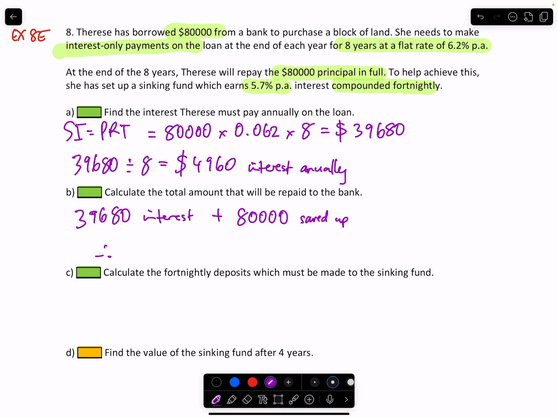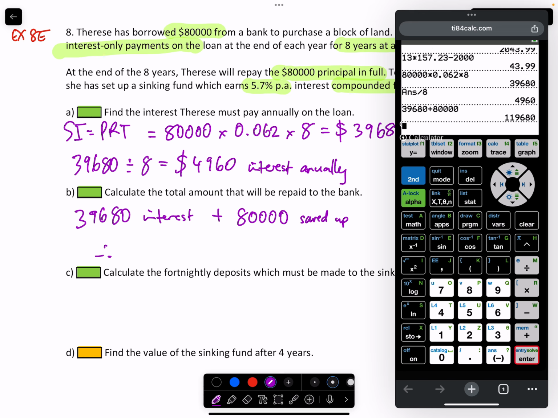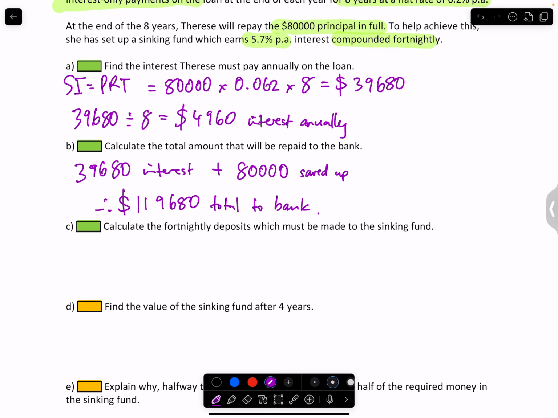Therefore, the bank is going to get $39,680 plus 80 grand. The bank is going to get $119,680 total to bank.